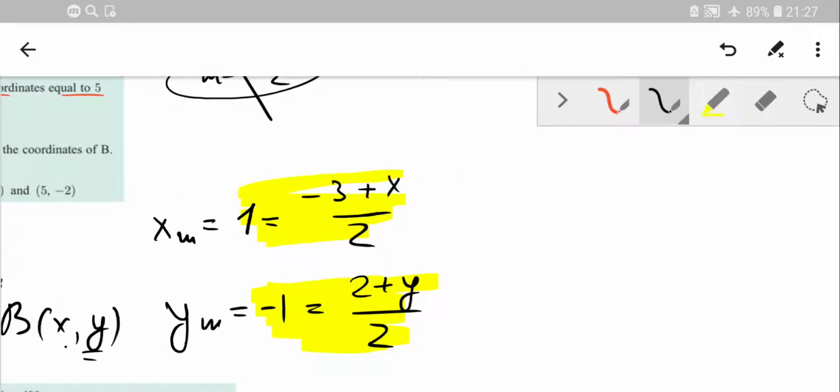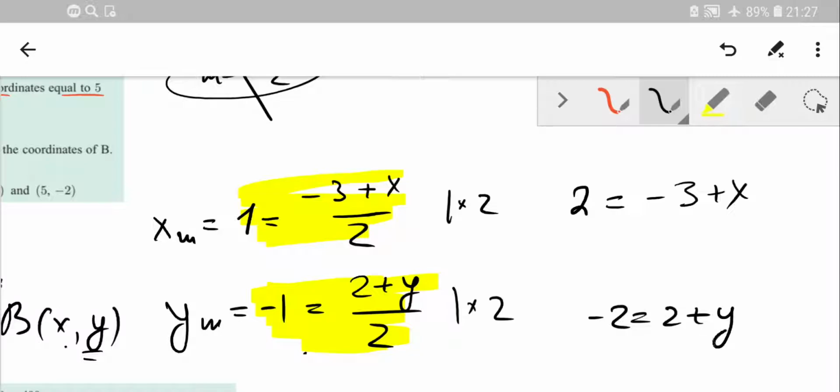I multiply both parts by 2, here and here. So I'll get 2 = -3 + x, and here as well, -2 = 2 + y.